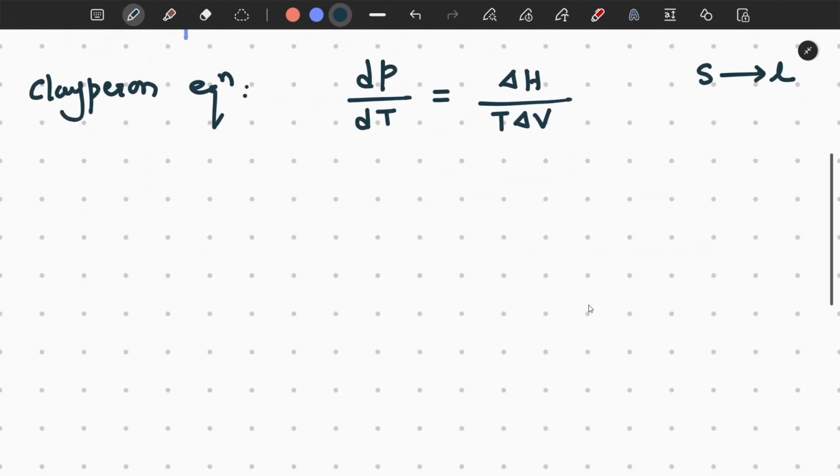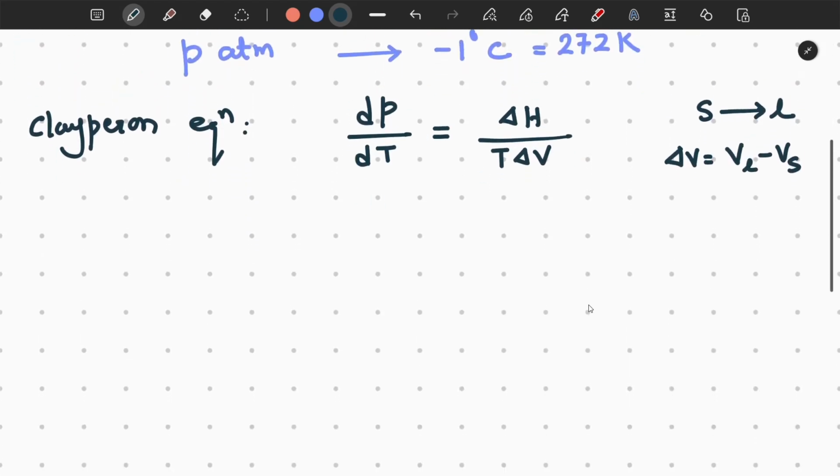So solid to liquid conversion means the delta V will be positive. No, how can you say that delta V will be positive? It is liquid minus solid, so that can vary. You don't know whether V liquid is greater than V solid or not.